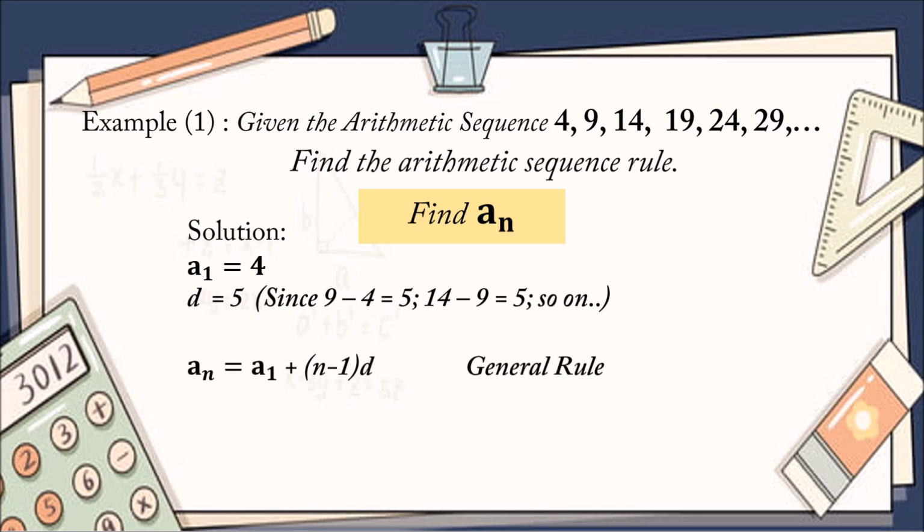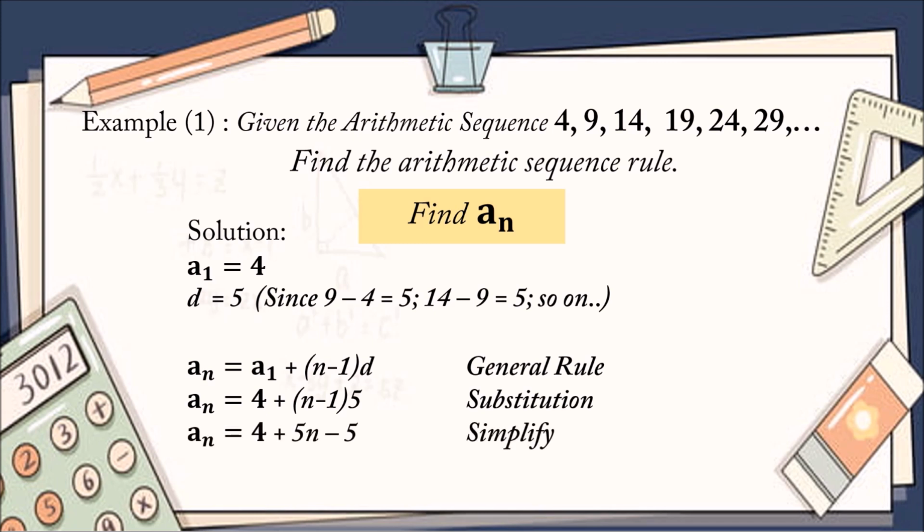Using the general rule, a of n is equal to a of 1 plus n minus 1 d, isa-substitute natin ang mga value ng given sa ating general rule. So, meron tayong a of n is equal to 4 plus n minus 1, 5. So, kailangan natin i-simplify. Magkakaroon tayo ng a of n is equal to 4 plus 5n minus 5.